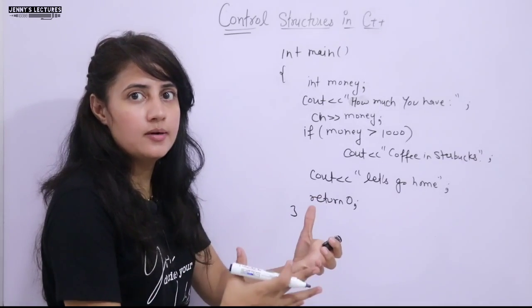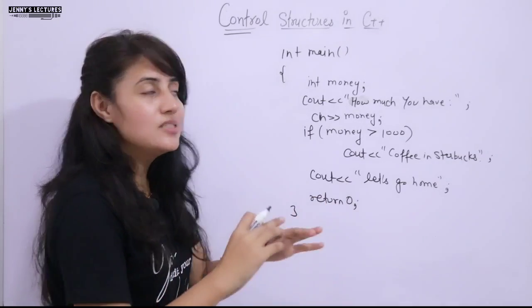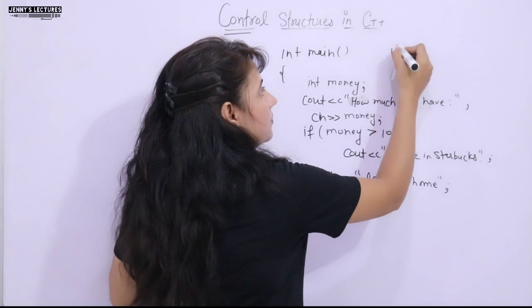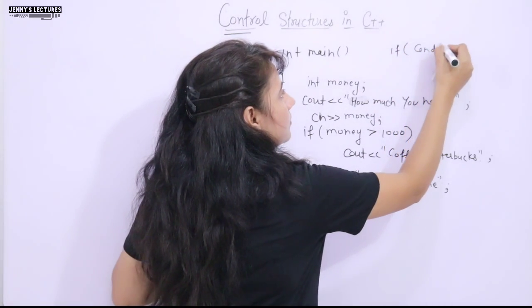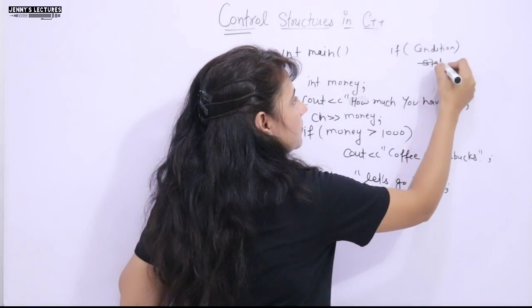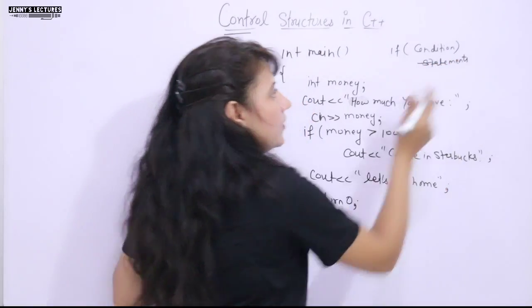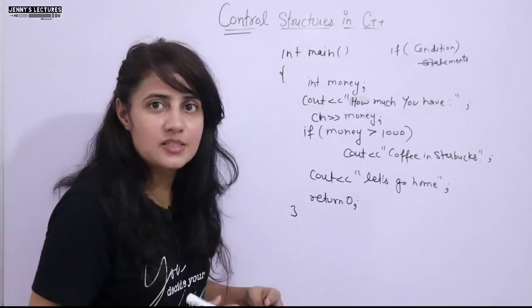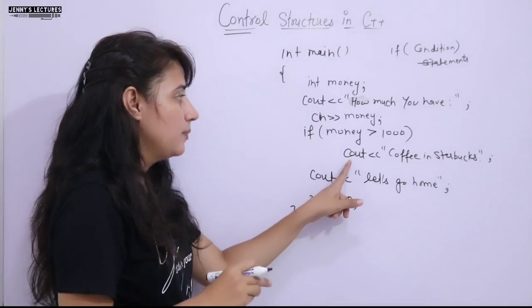So first of all, before explaining this, let me explain the general flowchart of the working of the if statement, right? The general syntax is simply you write if, then some condition, and then here you write statements. You can write a single statement or multiple statements. If you write a single statement, simply you can write it.